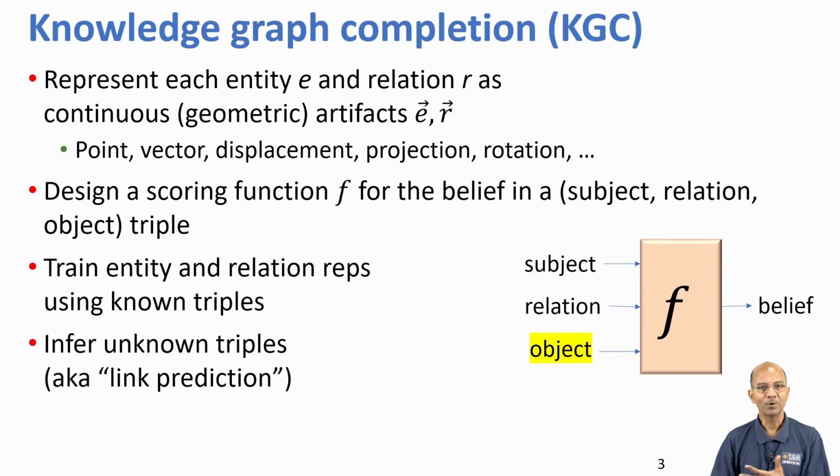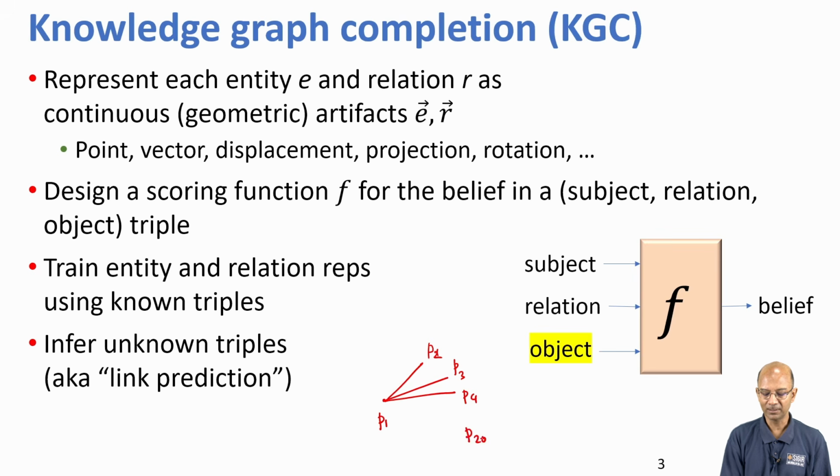After that, once the model is fitted, we can then infer unknown triples, which would be similar to predicting links in a social network. Some of you may be aware that in social networks, we might have a person P1 who is already friends with some people, say P2, P3, and P4, and now there may be another person P20, and based on their behavior patterns and linkage patterns, we might ask, does the link P1 to P20 exist, or should it exist?